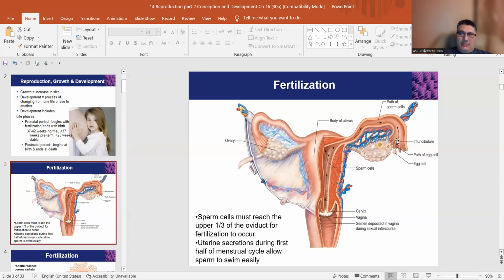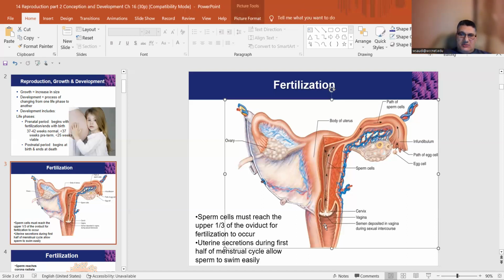Then it will be picked up by these finger-like projections called fimbriae, and it will go to the infundibulum, from which it will pass towards the uterus. I'm not saying it will go to the uterus. It moves toward the uterus. As it is moving, there will be a chance for sperm to come from the other side. The semen is here.